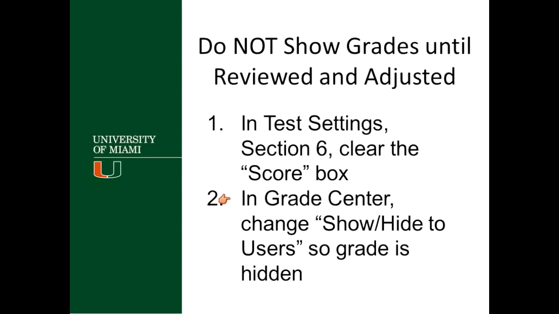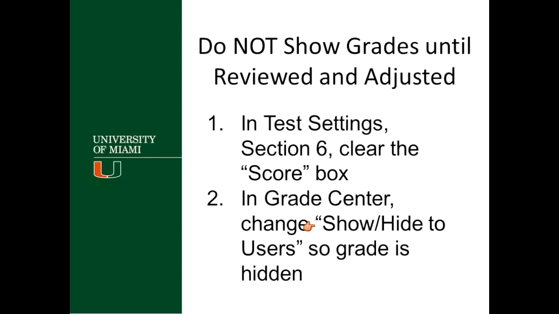Then you have to go to the Grade Center. And in the Grade Center, click on the action menu again, and where we went to item analysis, there's also an option to show or hide to users. That is, show or hide that column to the students, so the grade is hidden.